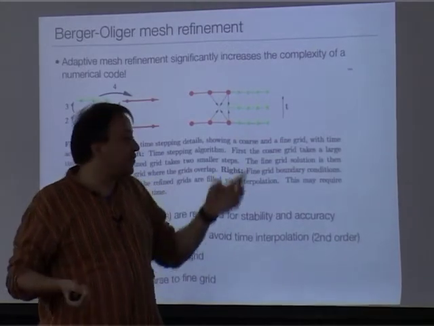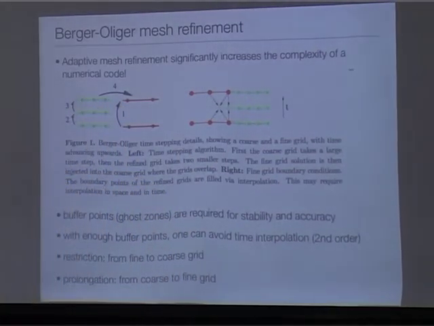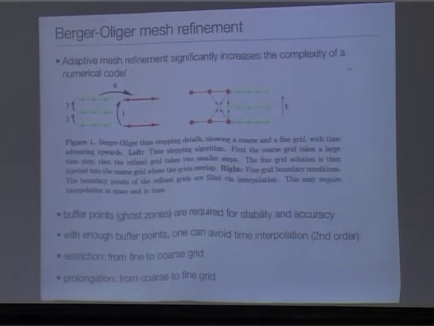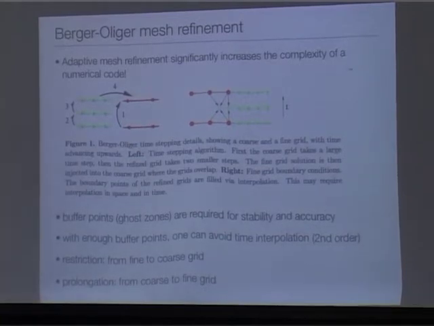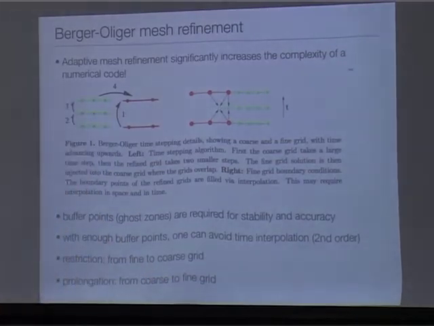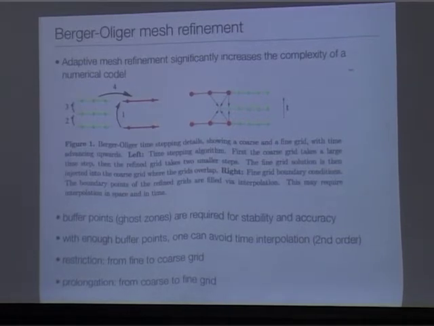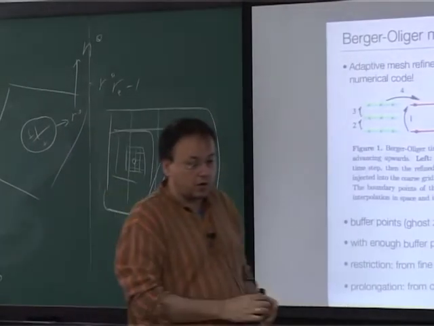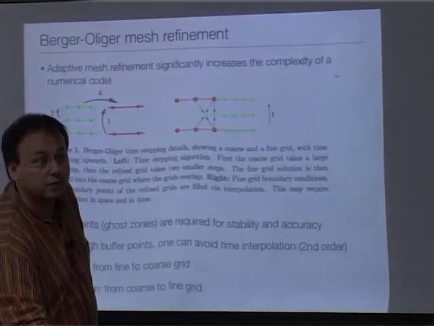So there's a lot of extra information that you have to store, and that can be quite expensive. But the basic idea is relatively simple. This is how we evolve different boxes with different time steps, and we have extra buffer points to store the information that we need during the time steps.